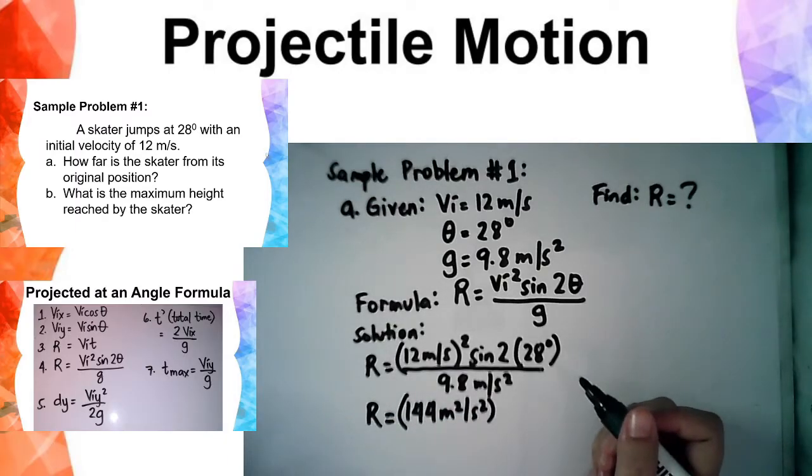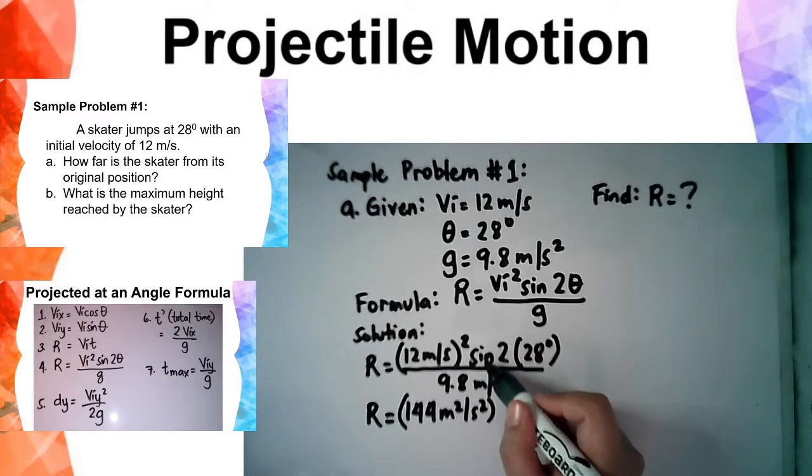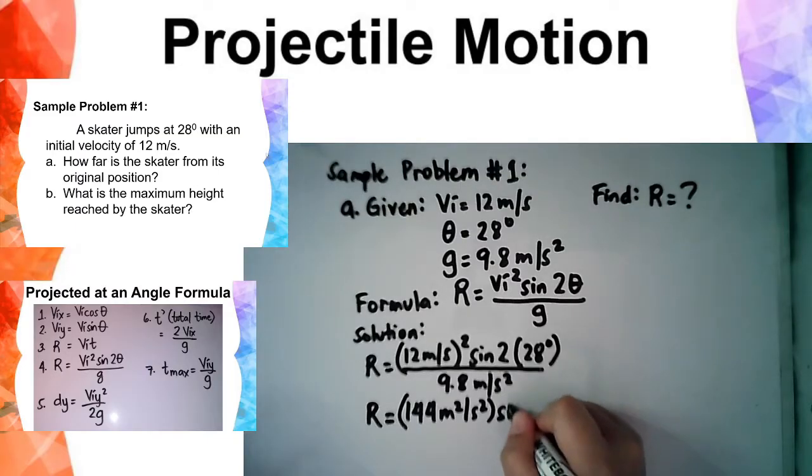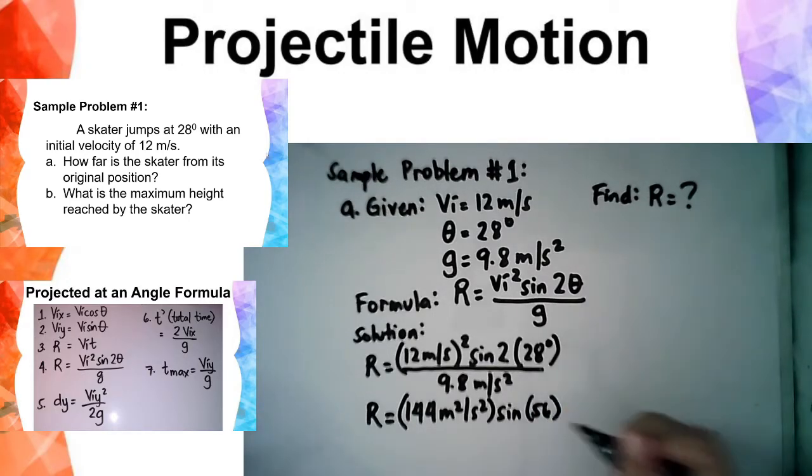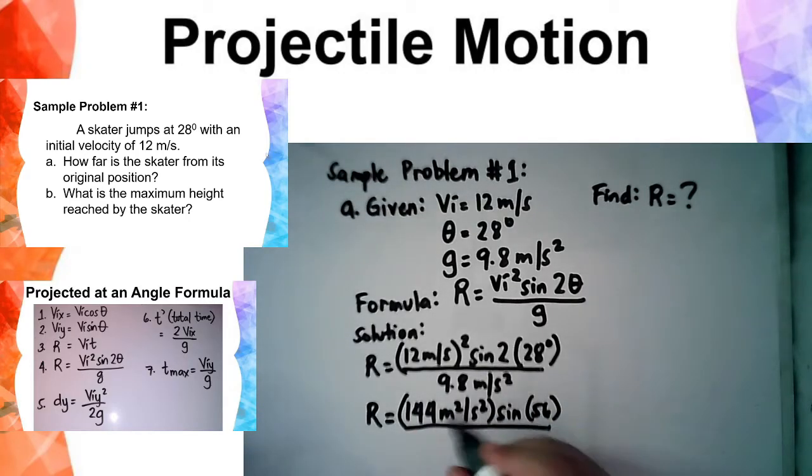Next, dito naman sa sine, hindi nyo muna yan pipindutin. Unahin nyo muna ito: 2 times 28. You will get 56. Divided by 9.8 meters per second squared. Okay? Next.